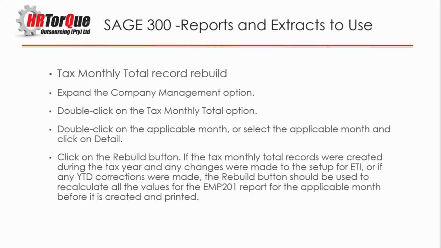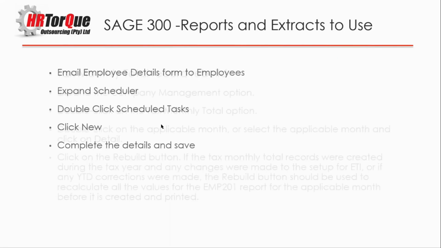For each company that's only 12, it takes a couple of minutes to do, but you then know that your EMP501 is going to have the most up-to-date EMP201 information, and potentially you've solved yourself a little bit of a recon issue, or the perception of a recon issue.